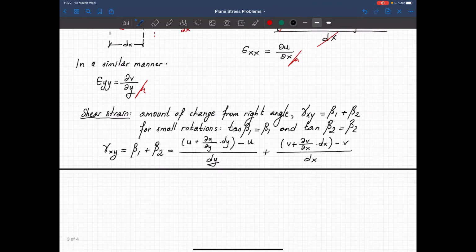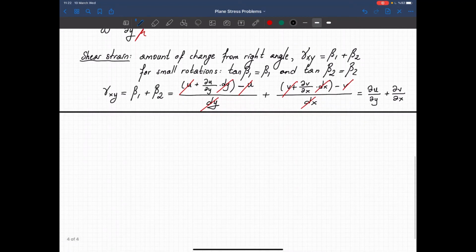So in that case, these u will cancel, dy will cancel, v's cancel, dx will cancel, and I obtain that shear strain as equal to del u over del y plus del v over del x.